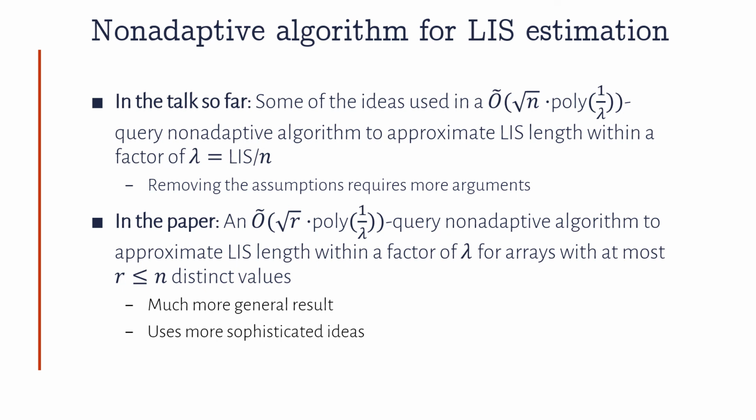We show an O tilde root R query non-adaptive algorithm to approximate LIS length within a factor of lambda for arrays with at most R distinct values. This is a more general result and ends up using more sophisticated ideas. In particular, it uses the other non-adaptive algorithm we developed in the paper as a subroutine.